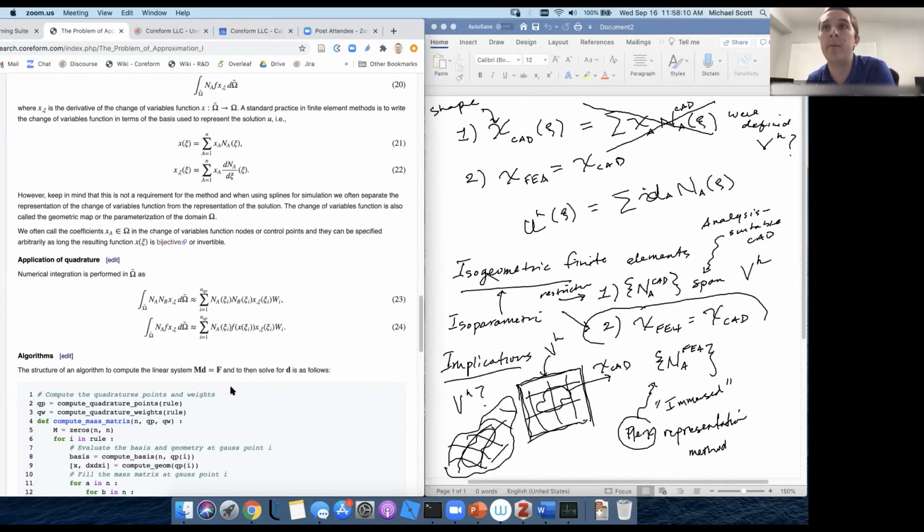Part of your model could be body fitted, and then it can transition into a non-body fitted regime. All the methods that I'm going to present in this class are completely generic. They will work no matter what method you pick. So this idea that it's one or the other, that's gone.